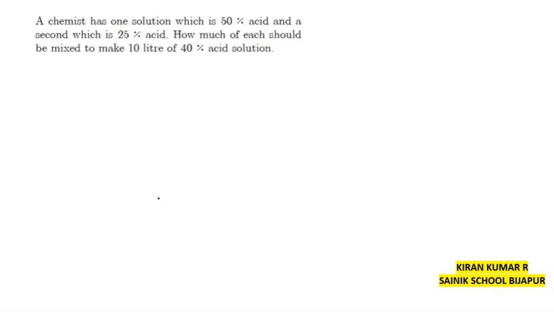Let me consider the 50% acid solution be x and the 25% solution be y. The total volume of the mixture is 10 liters, so x plus y will become 10. That would be the first equation.